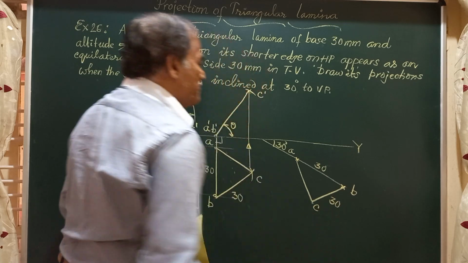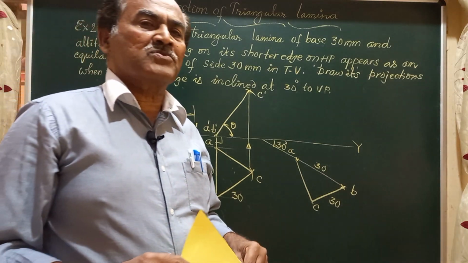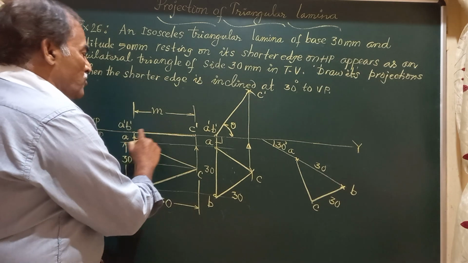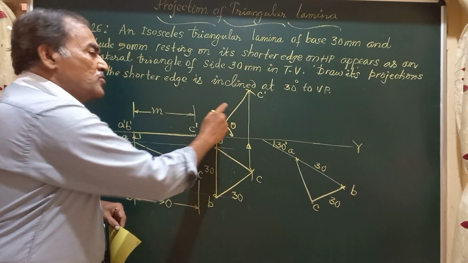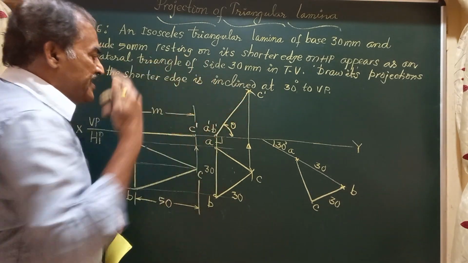Friends, remember very well, in all the problems on the laminae and also on the solids, this is figure number 1, this is figure number 2. Figure number 1 and 2 will always be the same in all respect except its orientation.